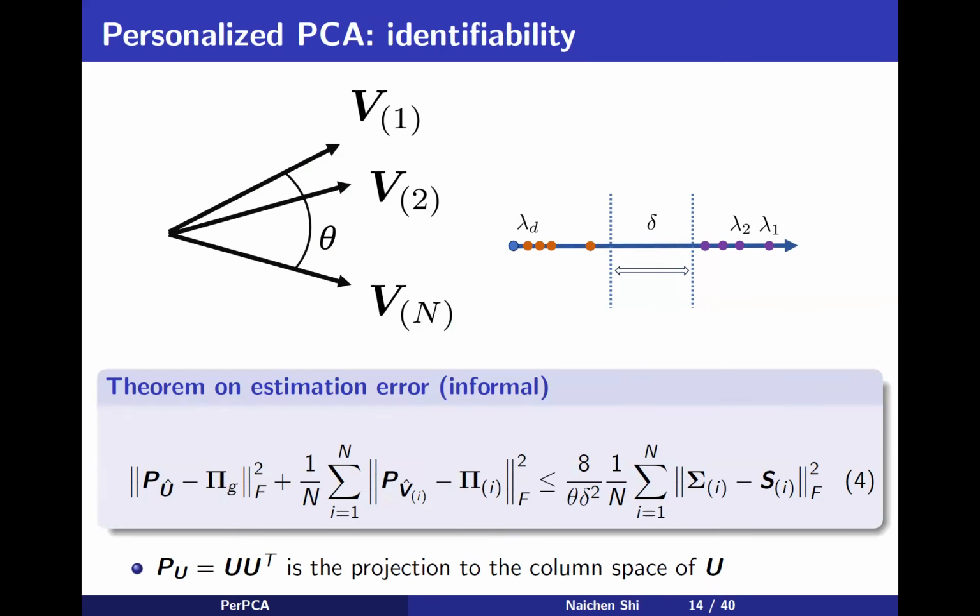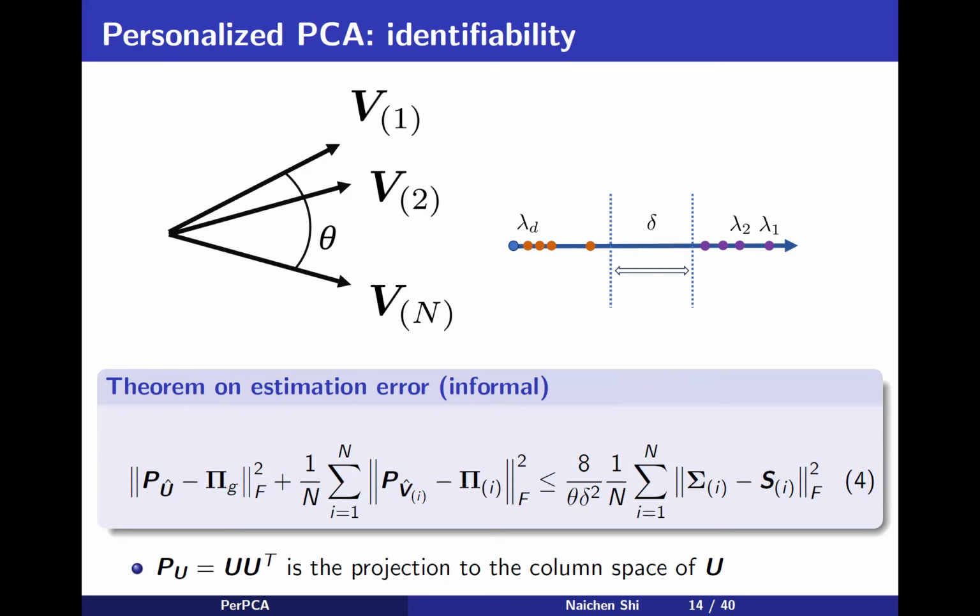With our notion of misalignment, we're able to show a statistical error bound: if we solve our constrained optimization problem to optimality, we get a very close estimate of the ground truth. That means the difference between the subspace spanned by the optimal solution and the subspace spanned by the ground truth is upper bounded by a statistical error.